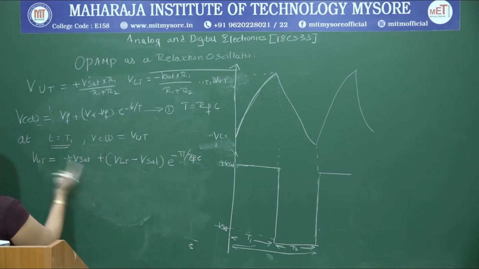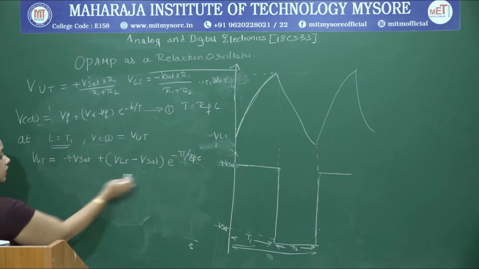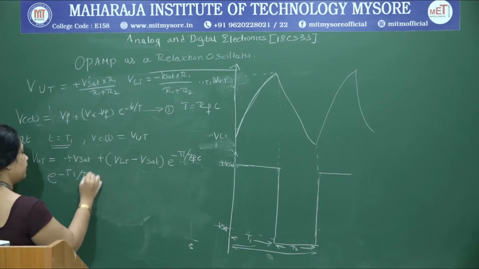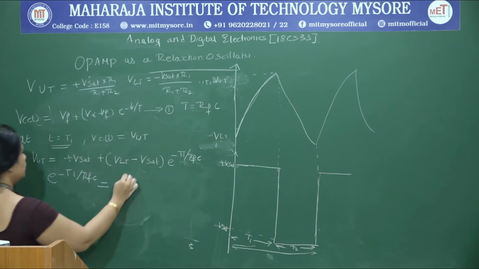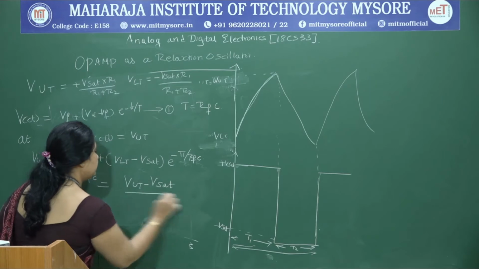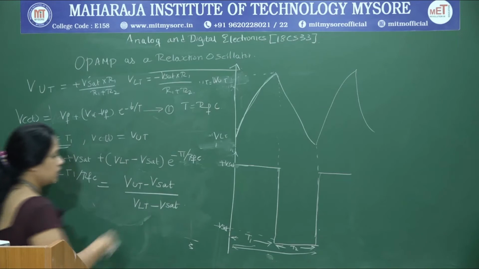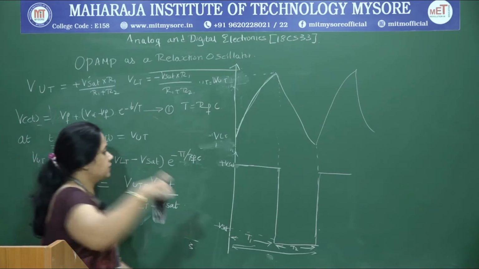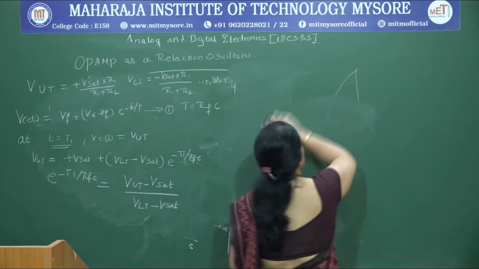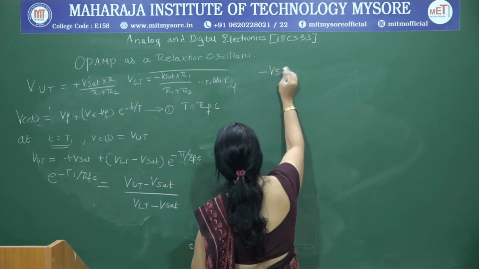Now, we rearrange this. I take the expression for e raised to minus T1 by RF C, which is equal to VUT minus Vsat divided by VLT minus Vsat. I will take minus Vsat common.